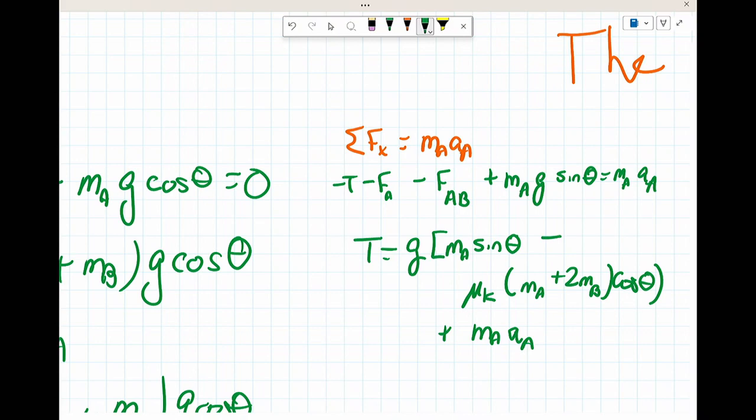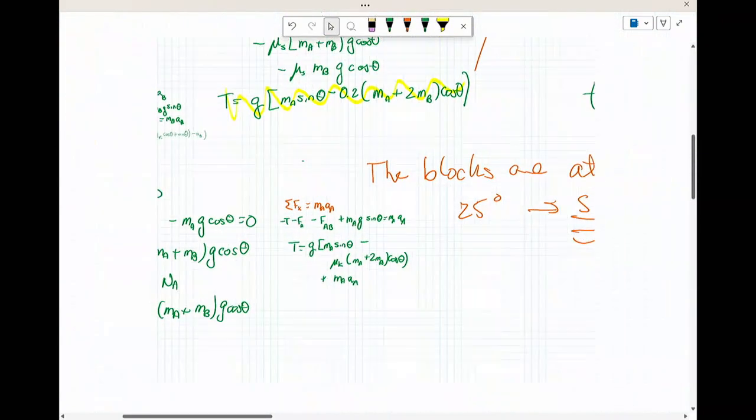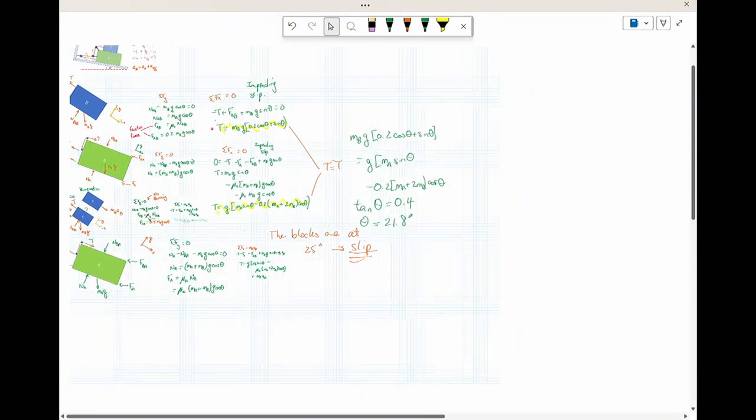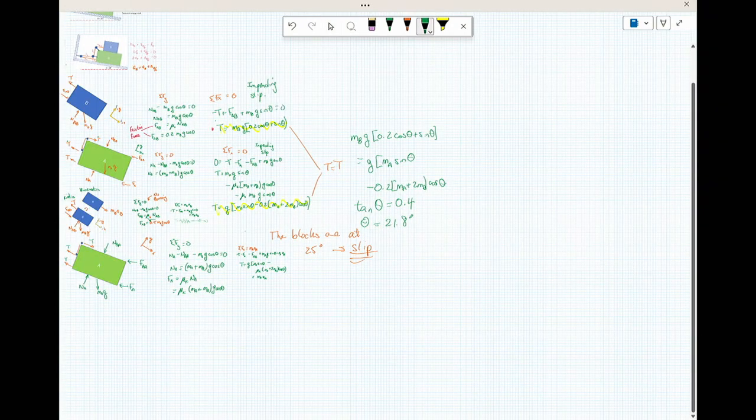So adding all the terms up, putting everything together, separating out T, you end up with this expression right here, which is kind of a mess. But as before, where did I put my second T term?